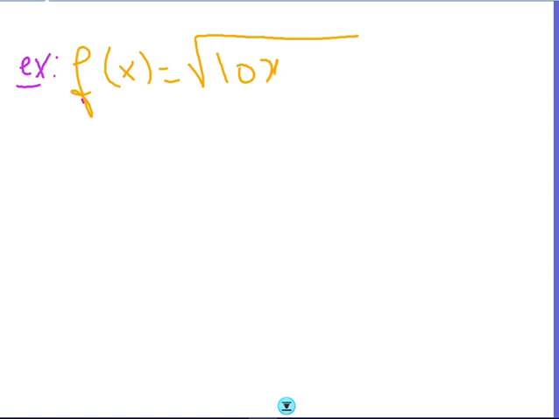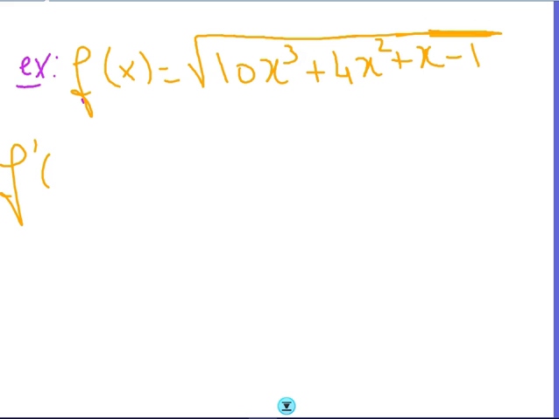Let's say f of x equals radical 10x to the power 3 plus 4x to the power 2 plus x minus 1. And I want to find its derivative, f prime of x.